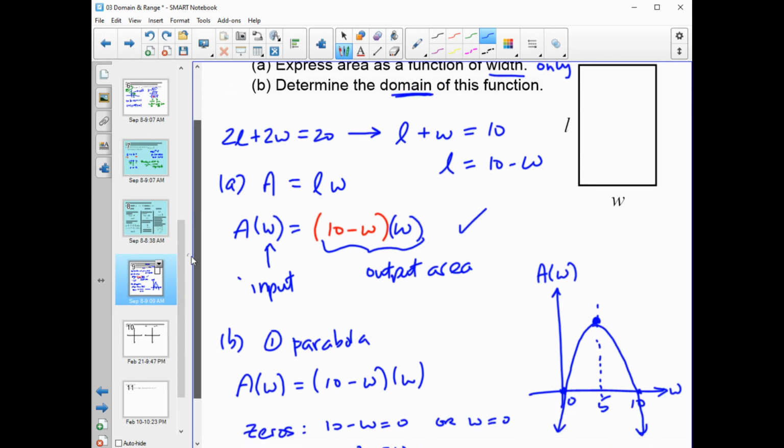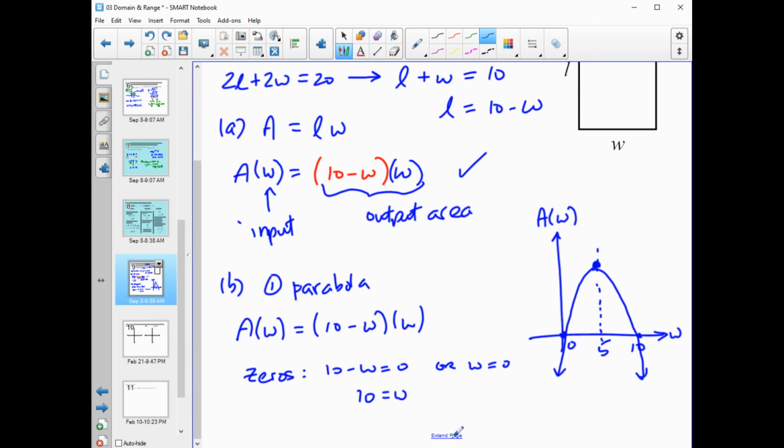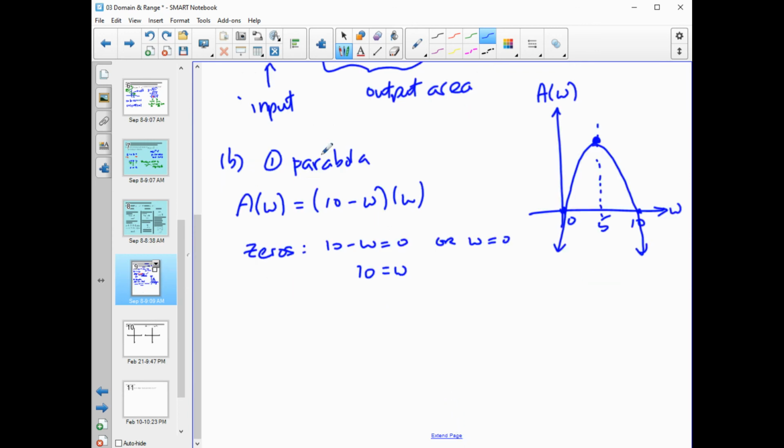The domain is the set of valid values for the independent variable. So W is your independent variable, and so the domain is going to be, what are the values of W? Well, W is going to be a real number such that, and then what can W be?